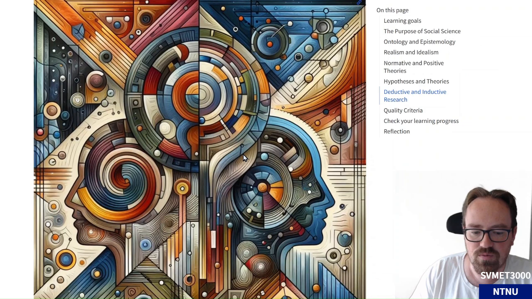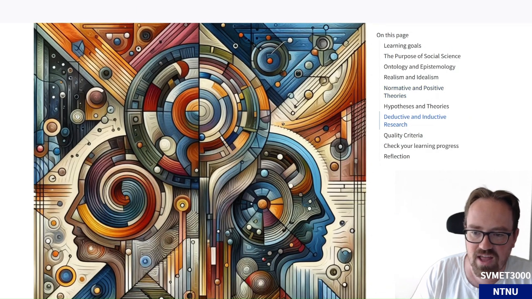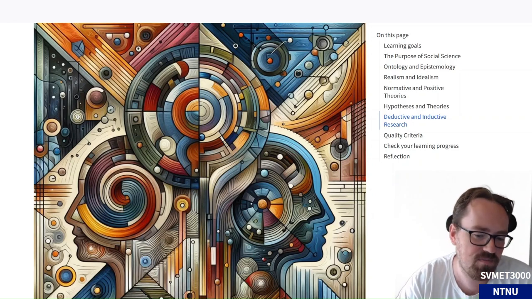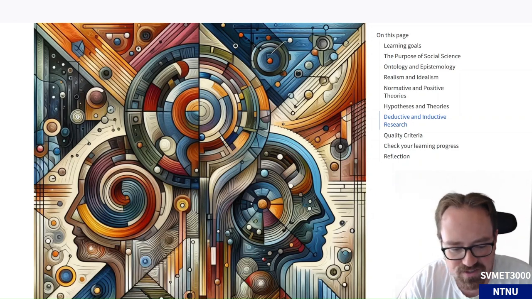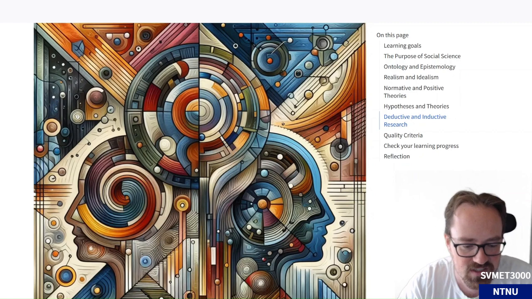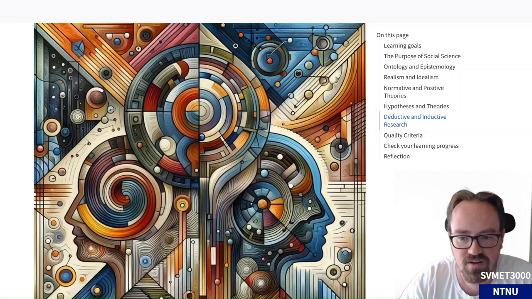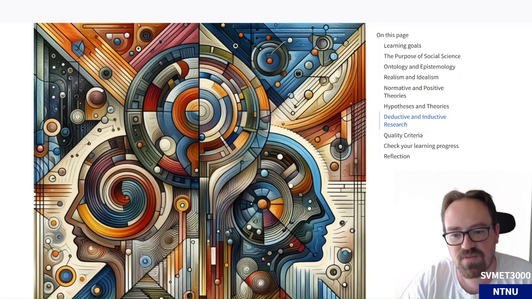So if you get a bit creative and look at the visualization that Bing Copilot provided for inductive, deductive, and abductive reasoning, there is something to be learned from this illustration.